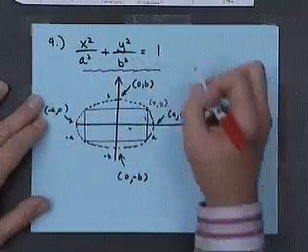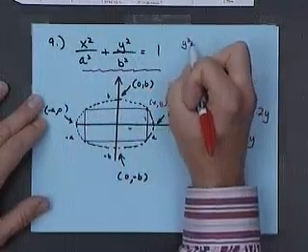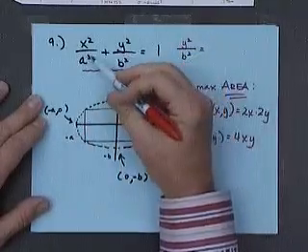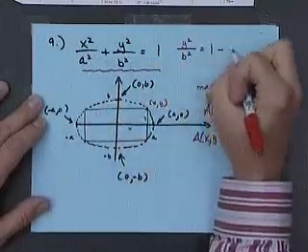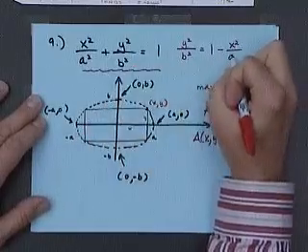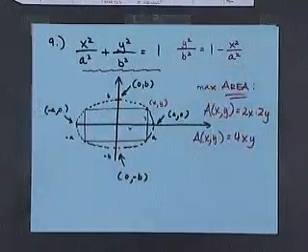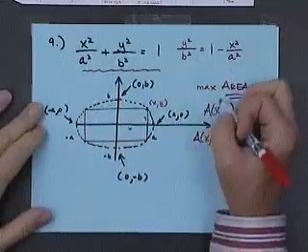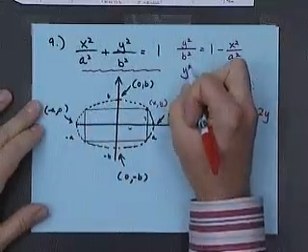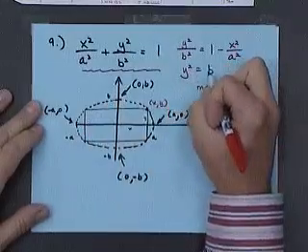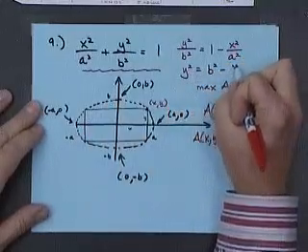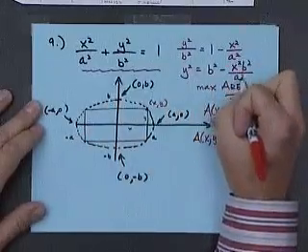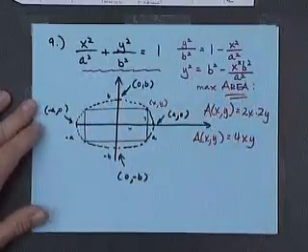If we solve for y, keep that term here, move this term to the other side. What next? Multiply both sides by b squared, and take the square root.